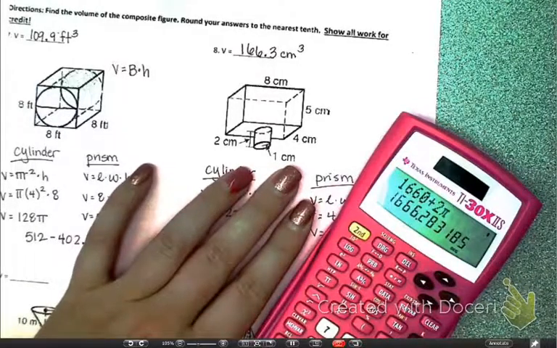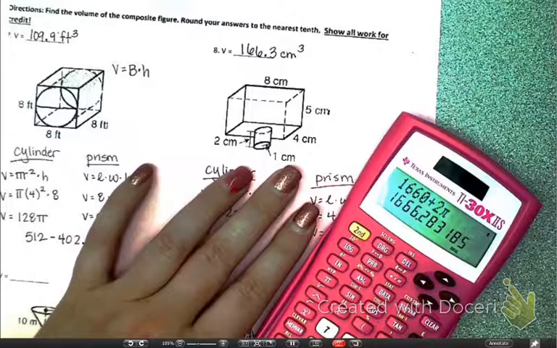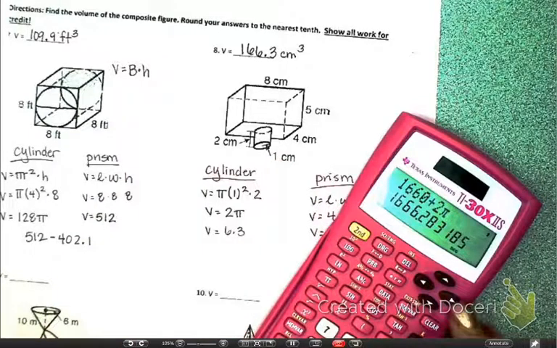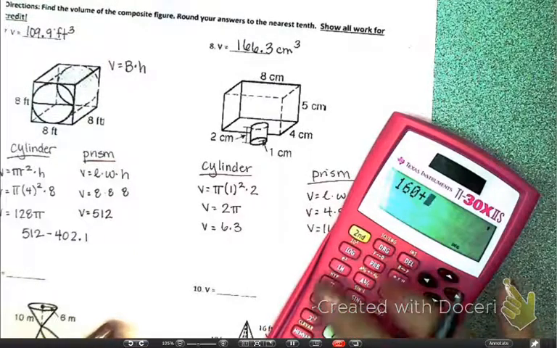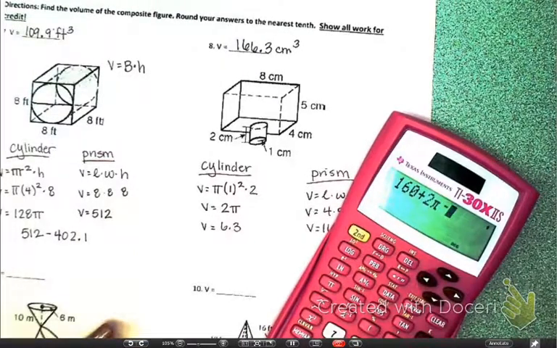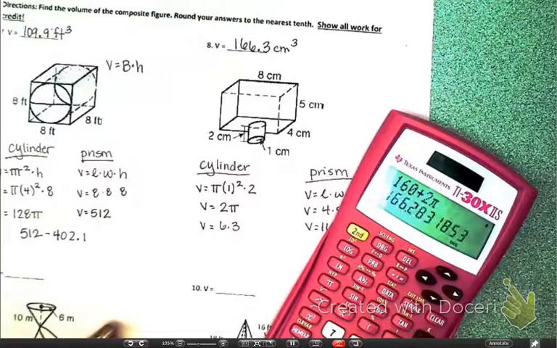Oh, except I plugged in the wrong number, so let's try that again. So 160 plus 2 pi, okay. 166.3, yeah. You can do it that way too.